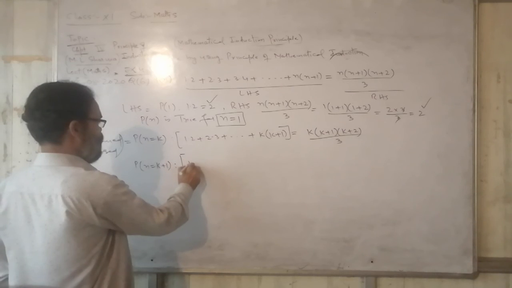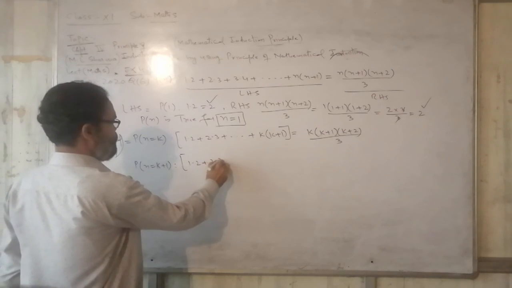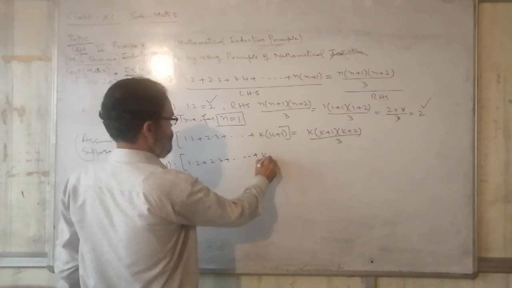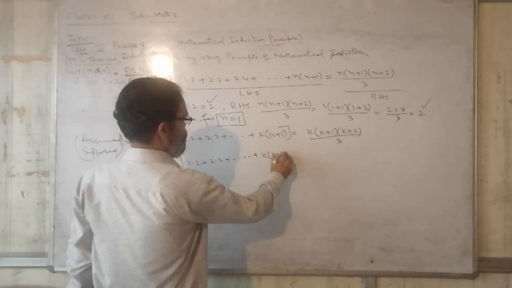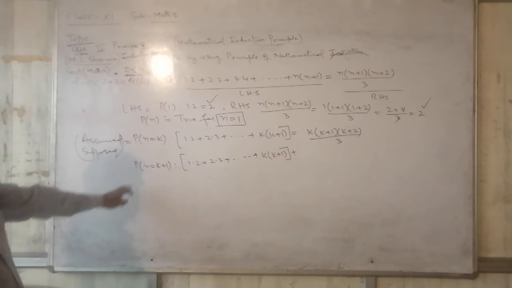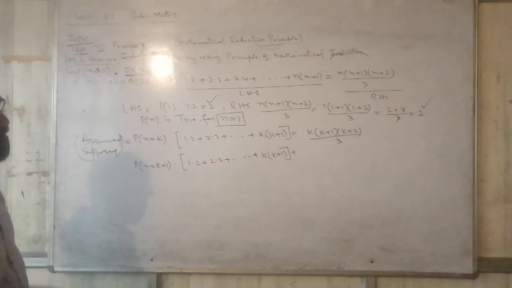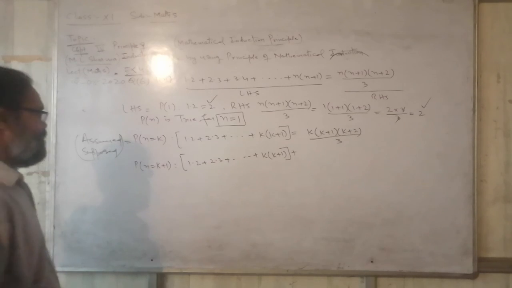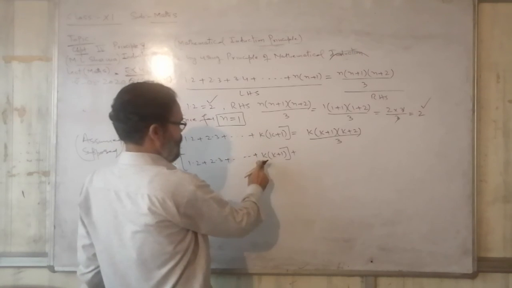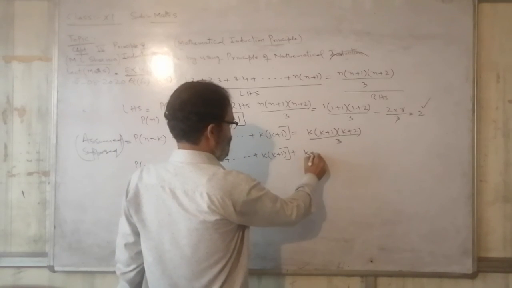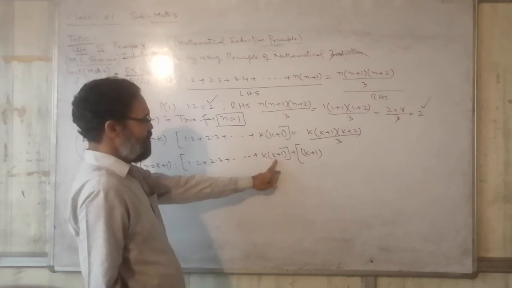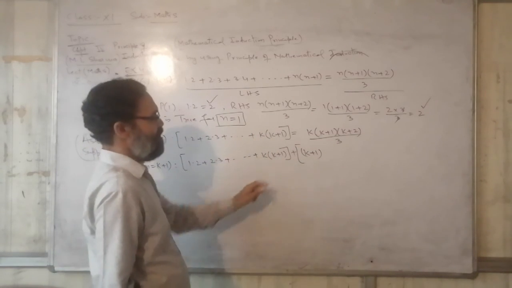So this will equal to, this is up to k term, and the term ahead of k term is k plus 1. So this will be next term. Instead of k you will write k plus 1, and the term after k plus 1 is k plus 2.